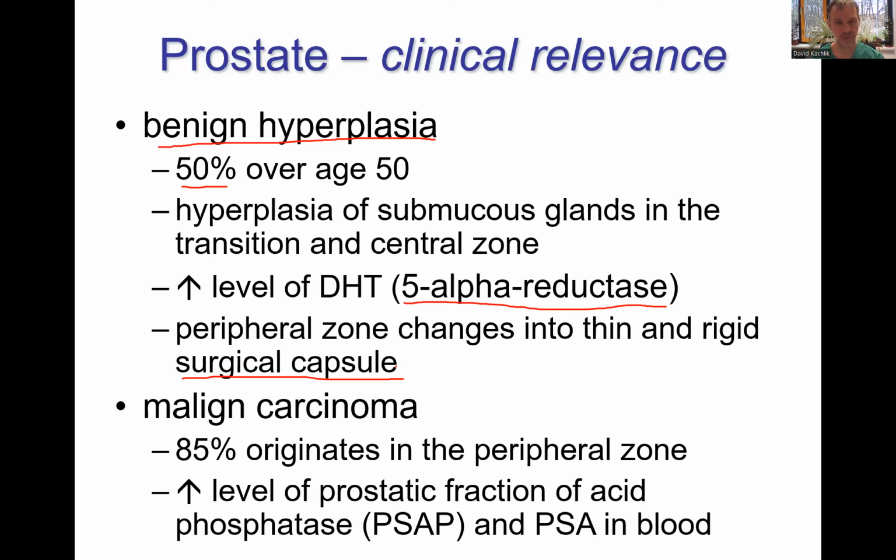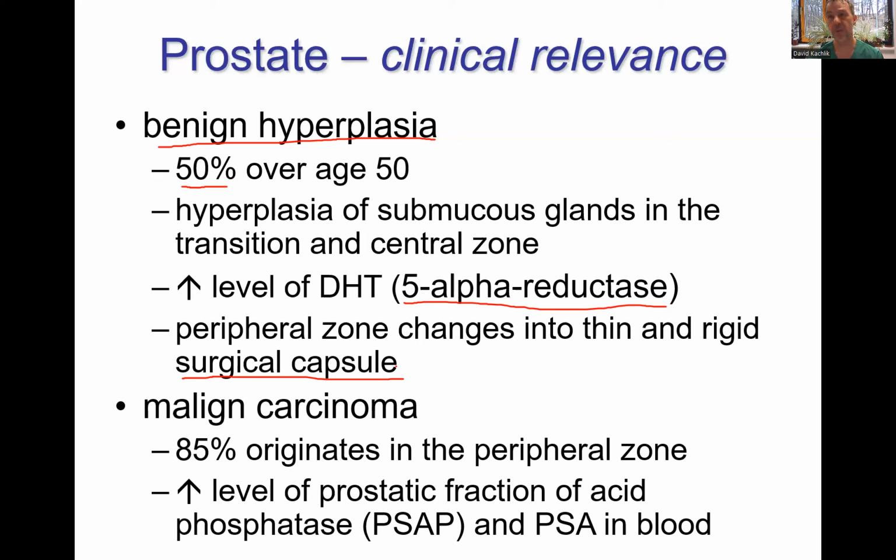How to treat it? Of course, you can apply the 5-alpha reductase inhibitors, and in case it does not help, you need to remove the prostate surgically. So you have two ways. One is to put a catheter into the urethra and enlarge the lumen.